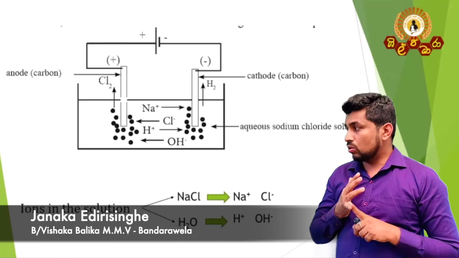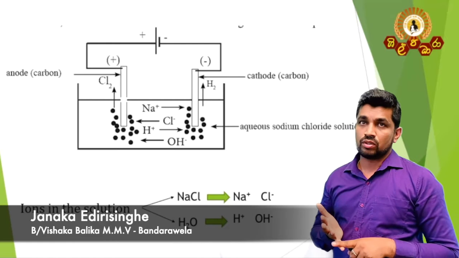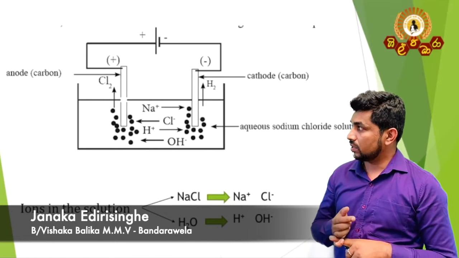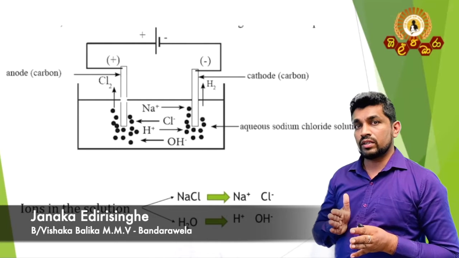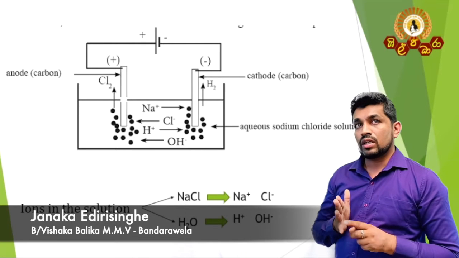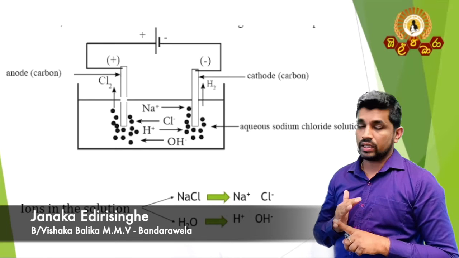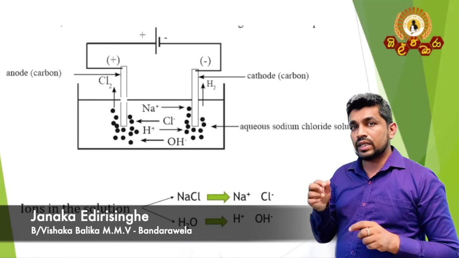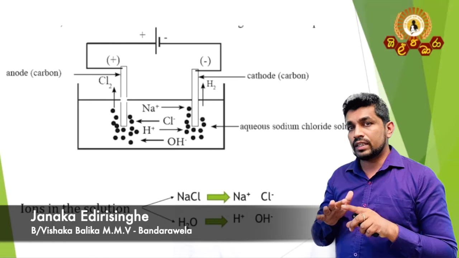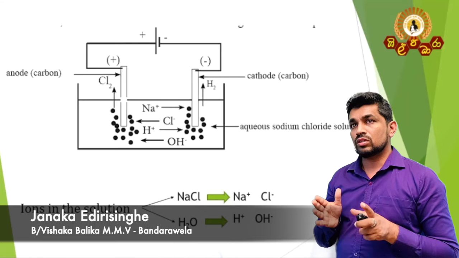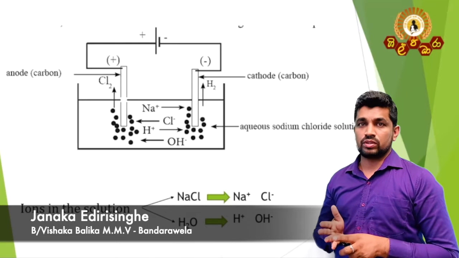Therefore, the chloride ion releases electrons and forms chlorine gas. So through the positive electrode, a gas evolves here, which we call chlorine gas. That is the basic overview of the electrolysis of aqueous sodium chloride solution.